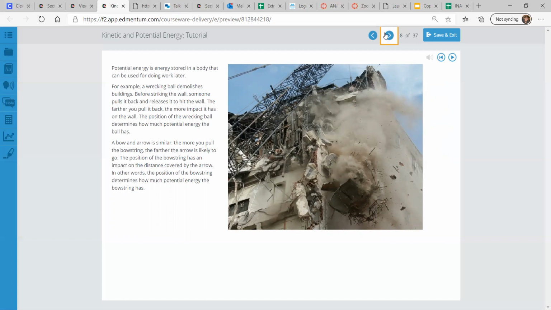Potential, think of the potential to use that energy later. It's storing the energy to be used at another time. Potential, position: think of the PO in potential and the PO in position being connected.